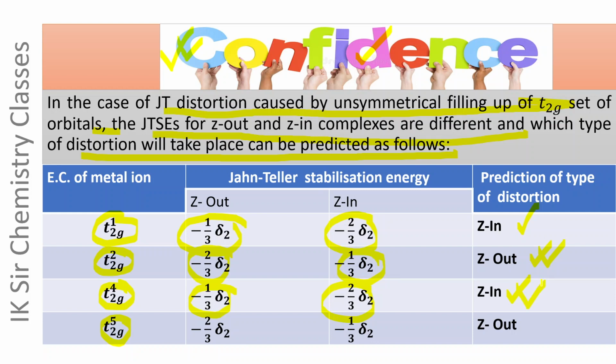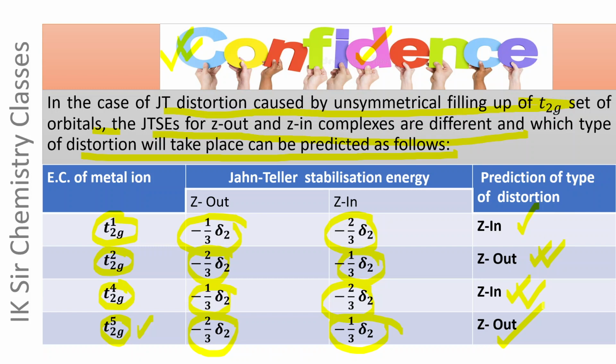The Jahn Teller distortion takes place in such a direction that there is maximum Jahn Teller stabilization energy. In the case of t2g5, the Jahn Teller stabilization energy in the Z out configuration is greater than that in Z in, and therefore Z out distortion will take place.